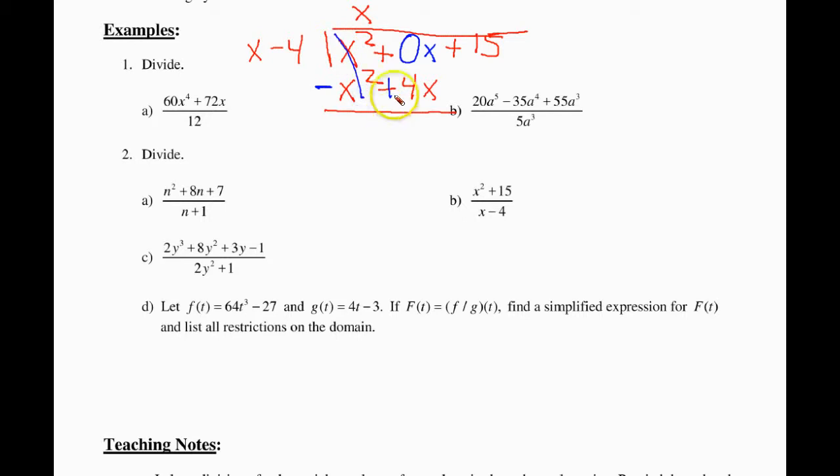This cancels out, and I end up with a plus 4x. I bring down my 15. And x goes into 4x how many times? Plus 4. So I get x times 4 is 4x. 4 times negative 4 is a negative 16.